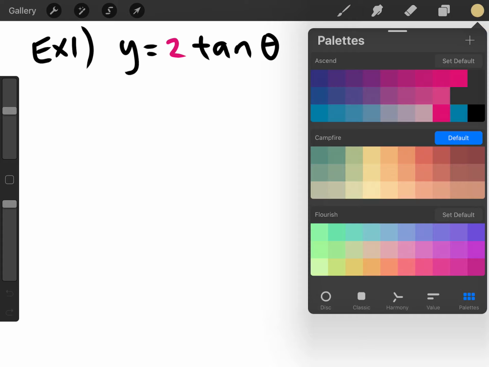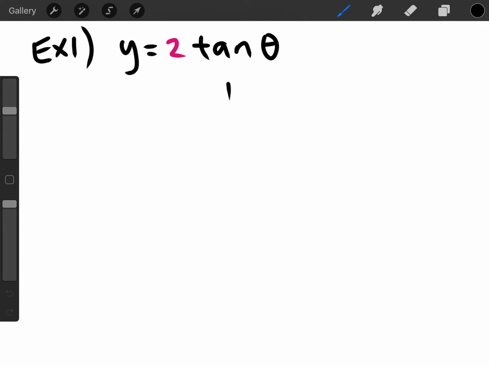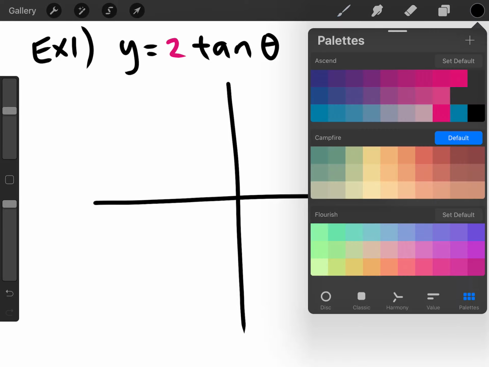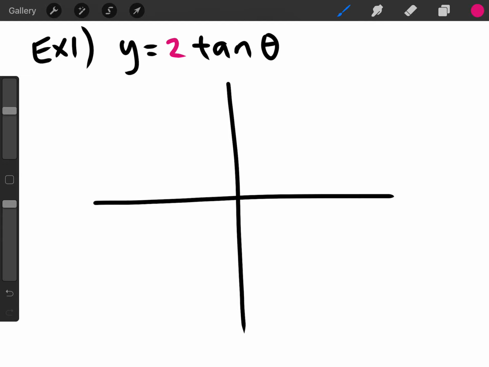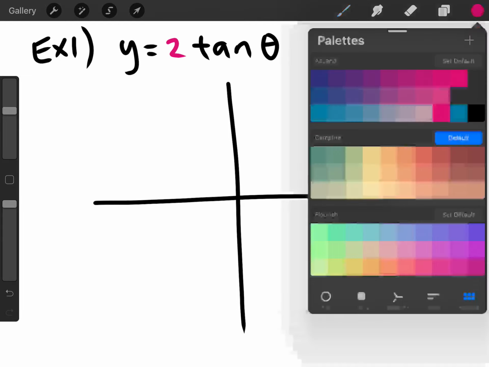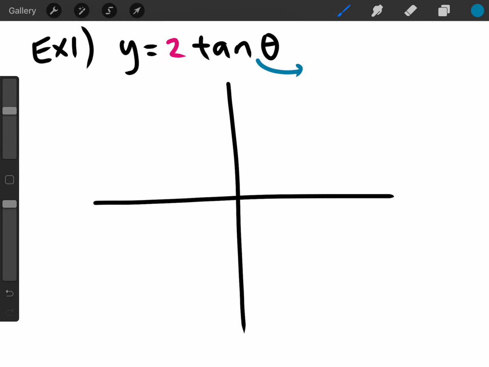Whenever you start, just plot the xy axis, and then determine what the period is. The b value equals 1, which means pi over 1, so it's going to be pi. You're going to break this period of pi into equal halves.